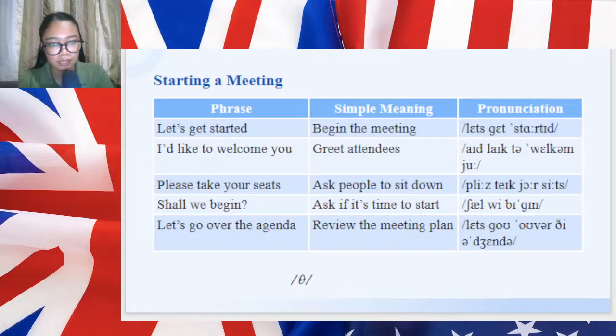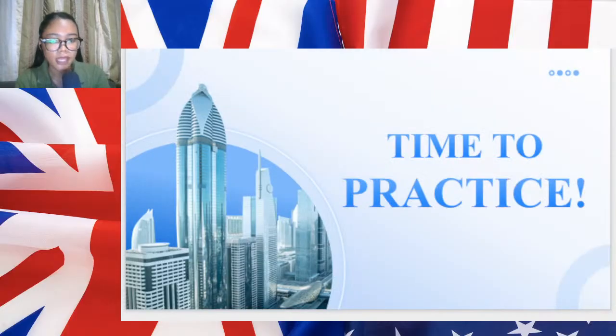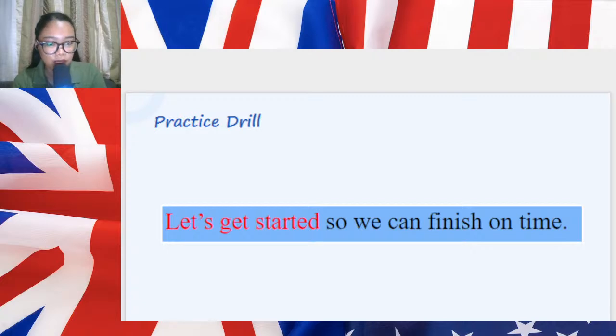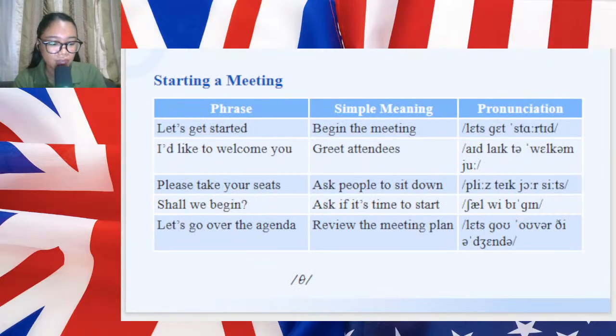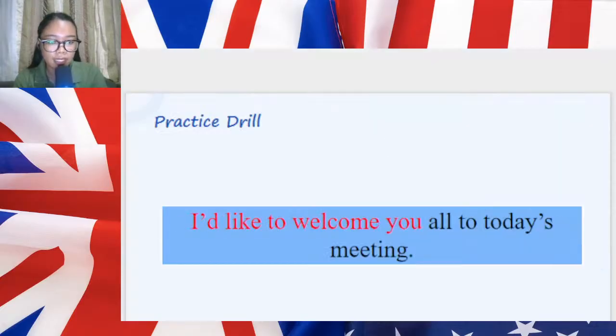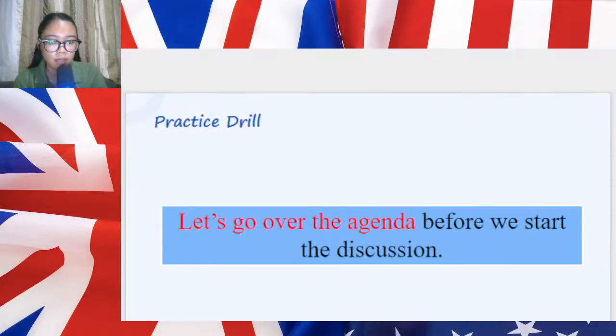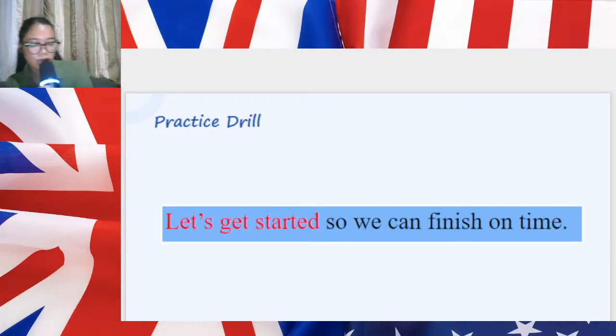All right. And with that, of course, to see if you're following with me, let's have a quick practice drill. Now, what I want you to do is just basically as simple as reading the whole sentence. The one I highlighted in red are the phrases that we have discussed earlier. So I just extended it to really practice how we usually say it in a sentence.